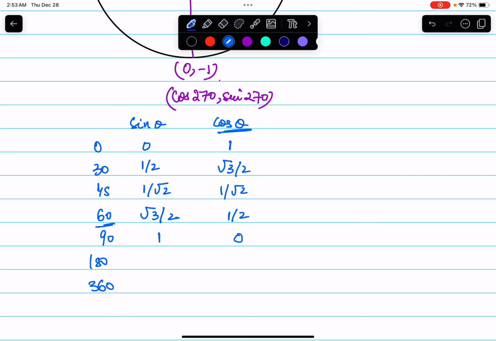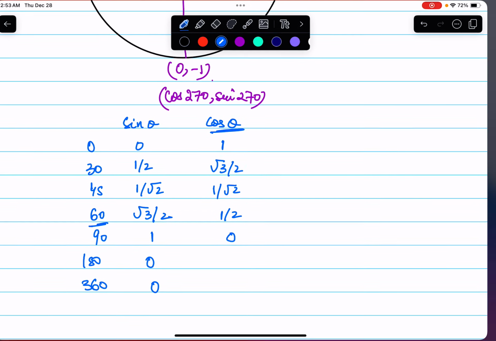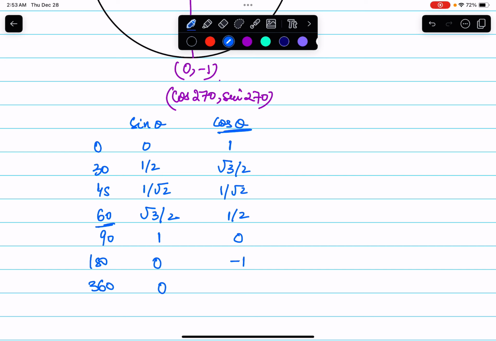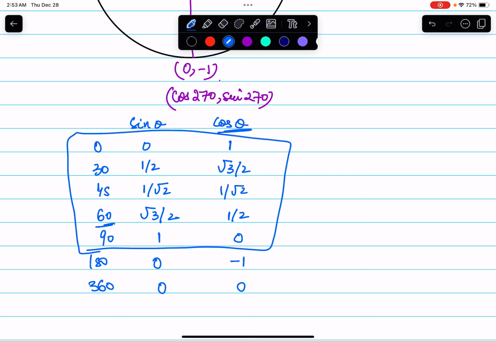So you can't really flip it over here. You know that sine of 180 is 0 and sine of 360 is 0. And when you look at cosine, cosine of 180 is negative 1 and cosine of 360 is going to be 0. So you can apply the flip over here actually, right?